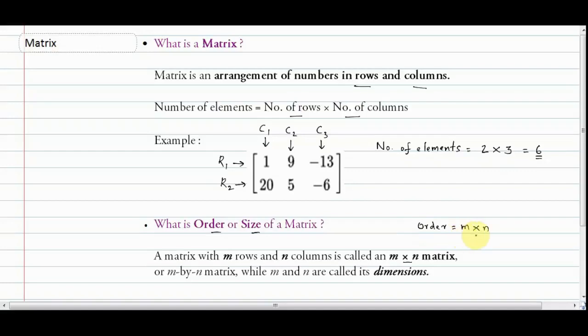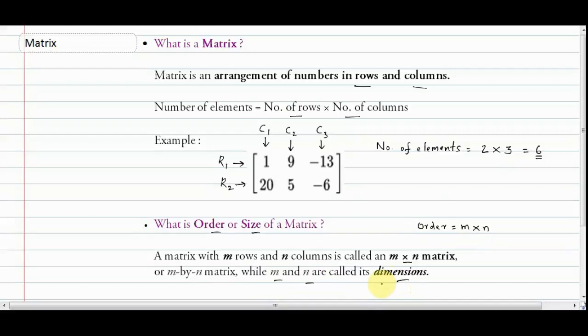We read it as m by n. The parameters m and n are called dimensions of the matrix. The number of rows and number of columns are represented using m and n, so these two parameters are called dimensions of the matrix.